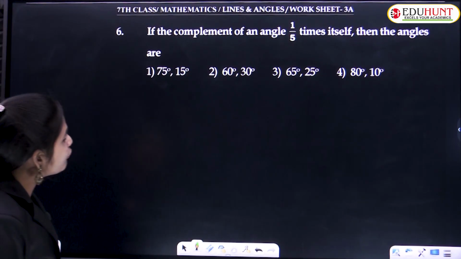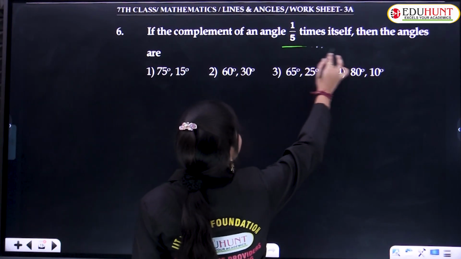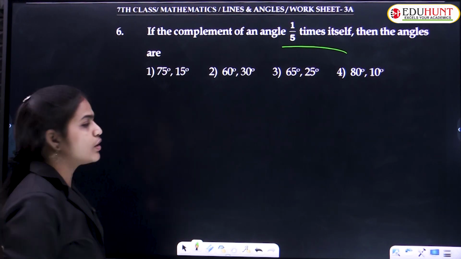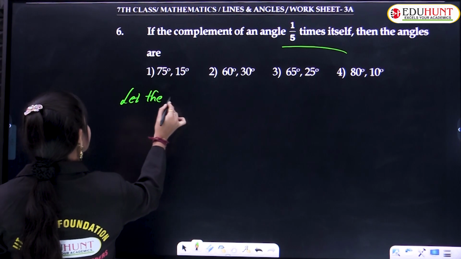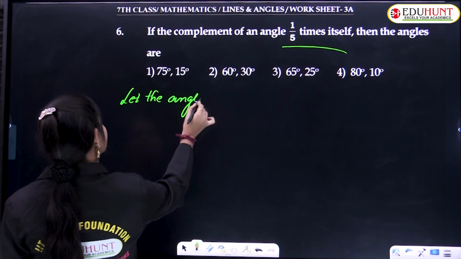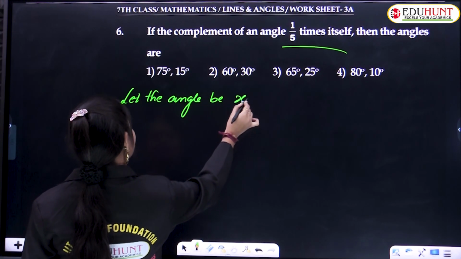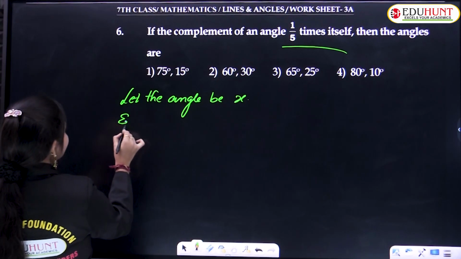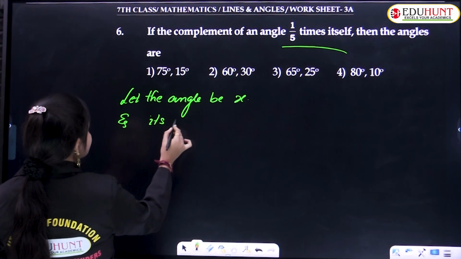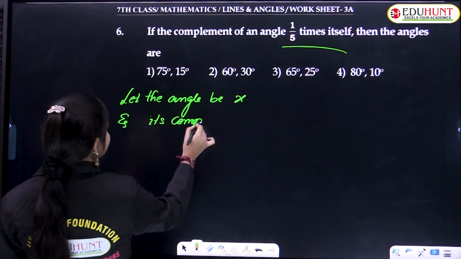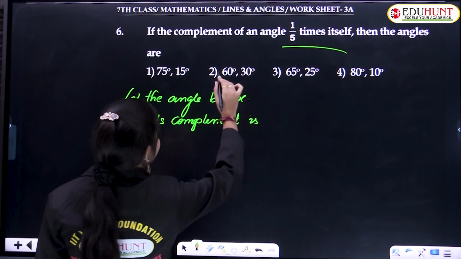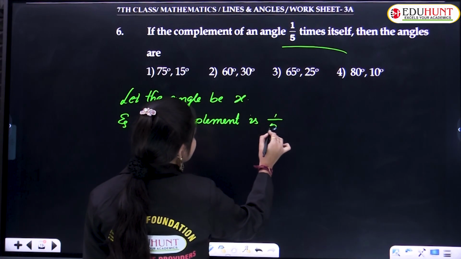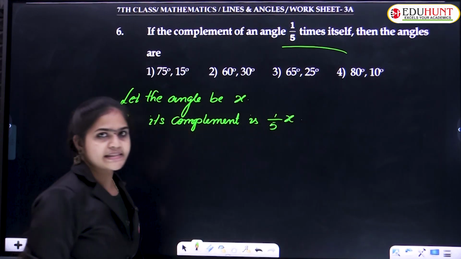Okay. Yes. Sixth one, see that. If the complement of an angle is 1 by 5 times itself. Okay. See here. Let the angle be x, and its complement they are asking, no? The complement is 1 by 5 times of the same value, 1 by 5x.